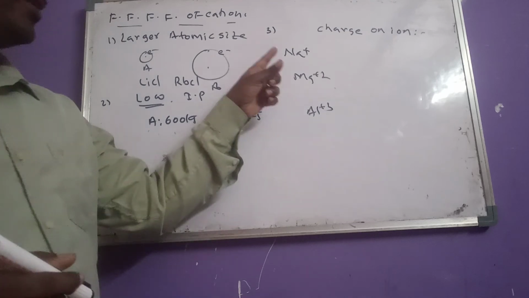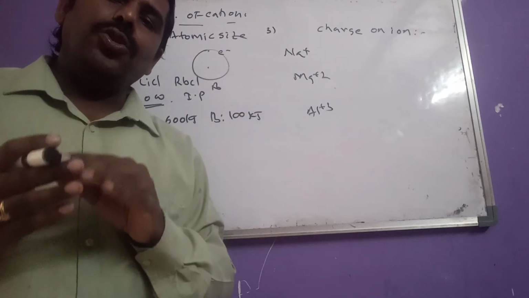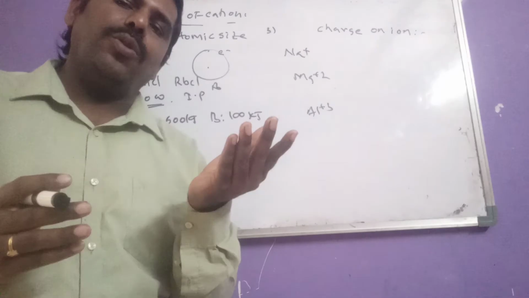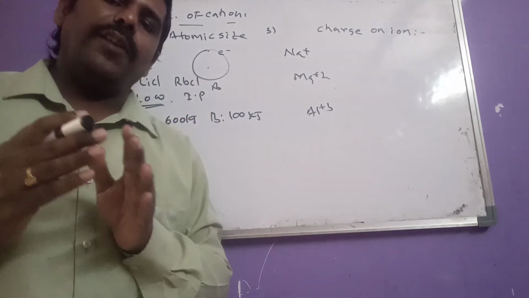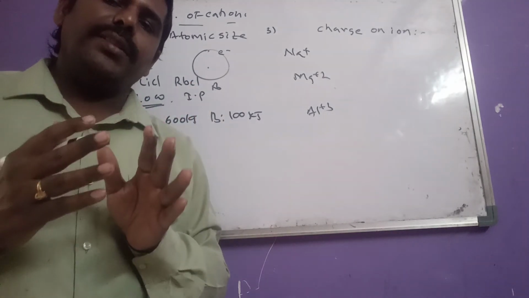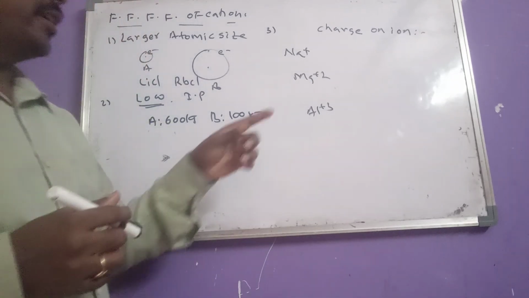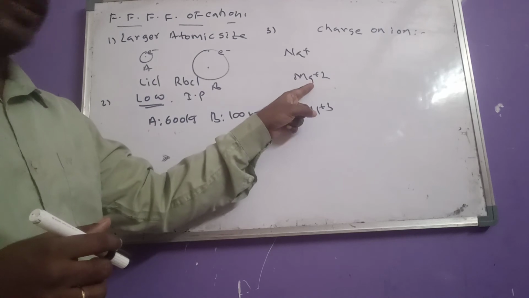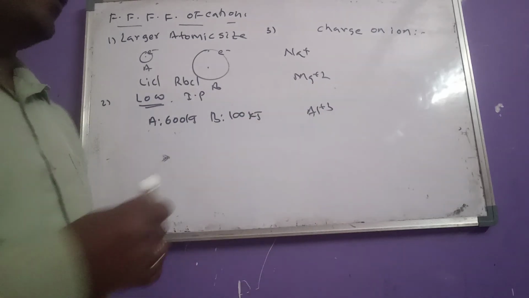As the number of electrons decreases, nuclear attraction dominates over the outermost electron. So successive removal of electrons causes an increase in ionization potential. That means Na+ is formed easily, Mg+2 somewhat difficult, and Al+3 much more difficult.